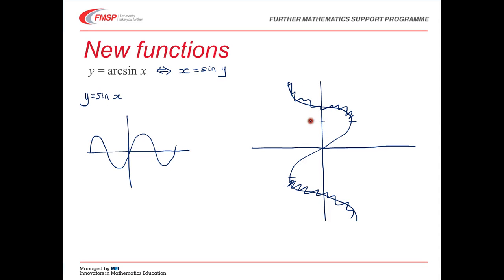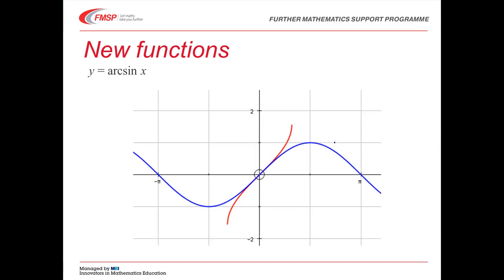So it's going up to pi over 2 and down to minus pi over 2, and with inputs as before ranging from 1 to -1. Okay, so this one here, the red one is arc sine and the blue one is sine.